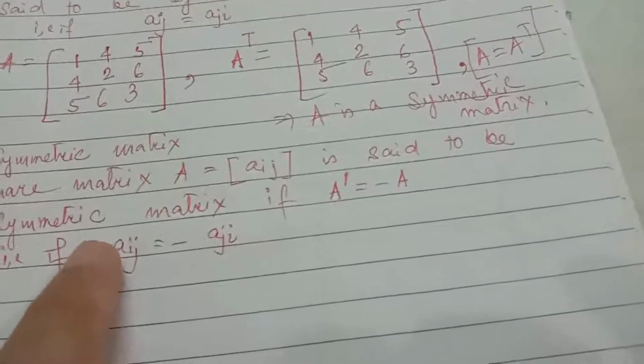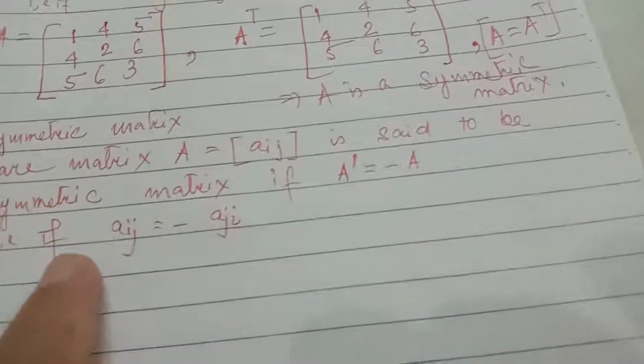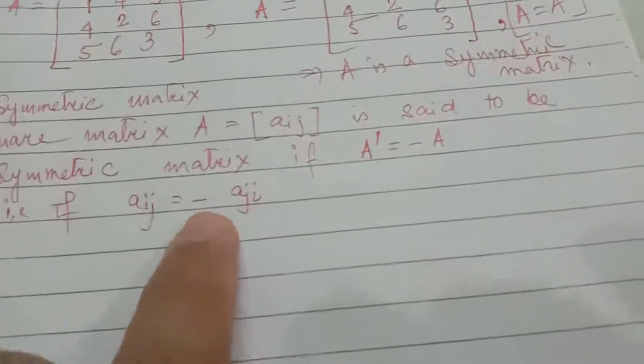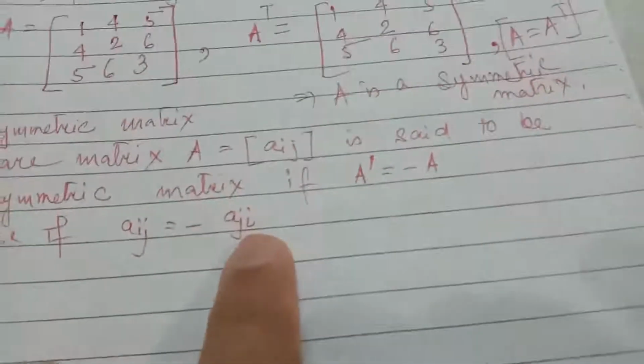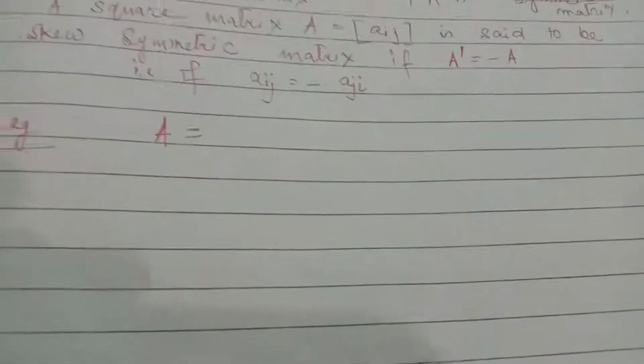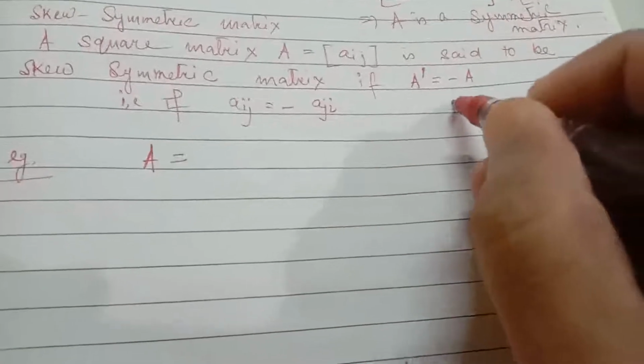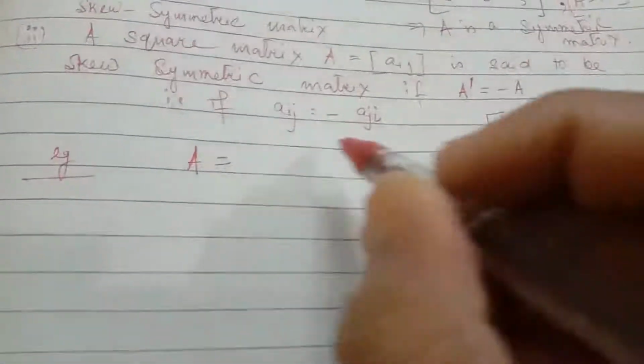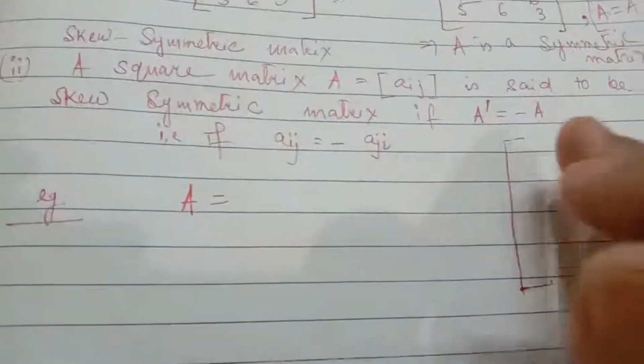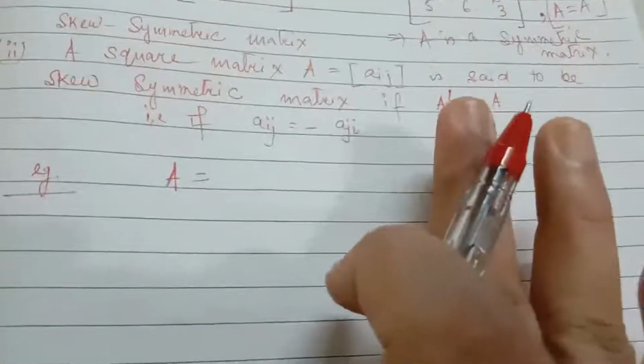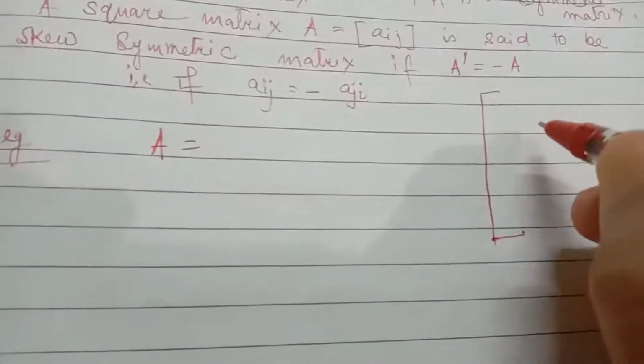That is, the element A12, element in first row second column, is equal to minus of the element in the second row first column position. Now let me explain. What about diagonal elements? The diagonal elements are A11, A22, A33.